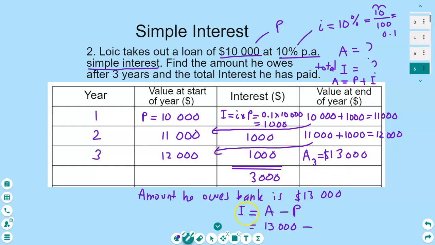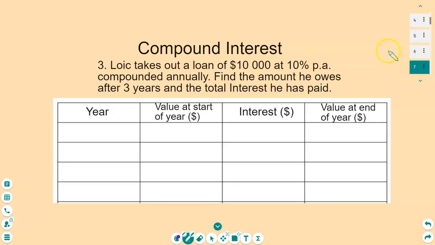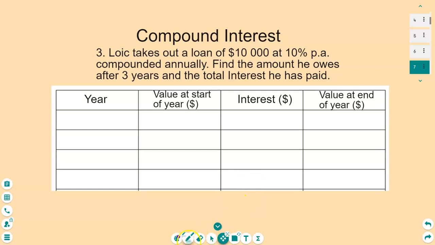So his interest at the end of year 3 is going to be that. We take away that initial principal. It has to be that initial principal, 10,000. So again, we get 3,000. More than one way to skin a cat. I don't want to skin a cat. I like cats. Let's check this out.